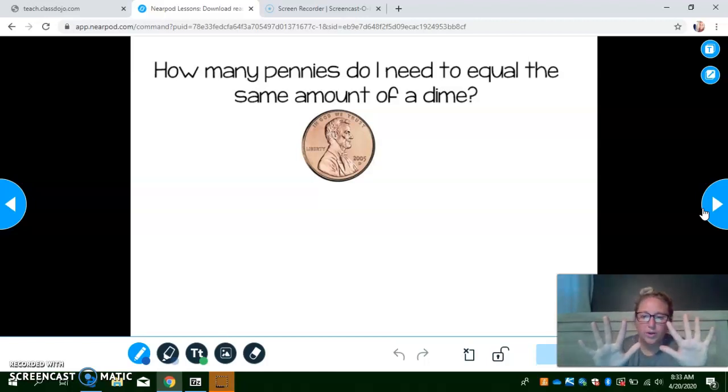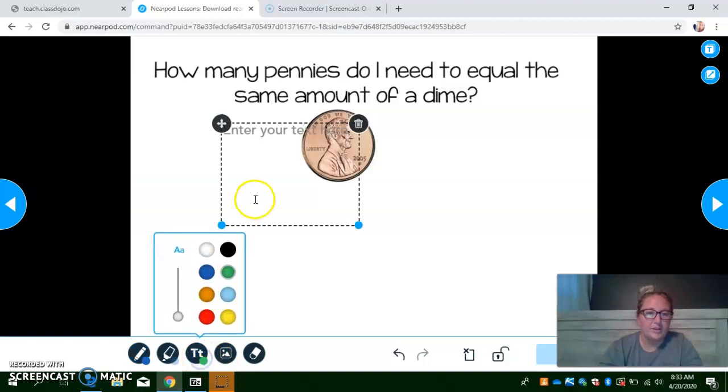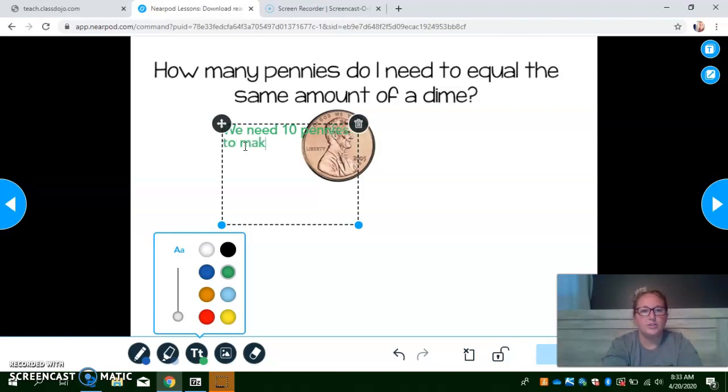So if each one of my fingers was a penny, we'd have 10 pennies that equal 10 cents. Instead of writing that, I'm going to type that. We need 10 pennies to make 10 cents.